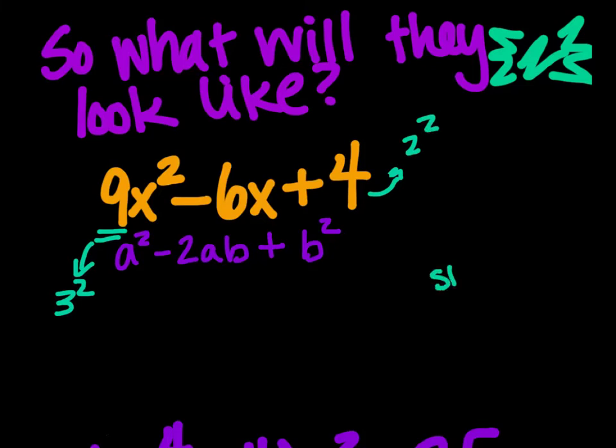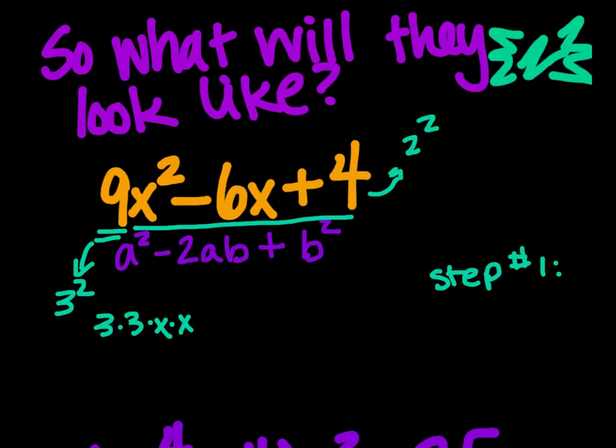So step 1, you essentially need to rewrite this original equation as sort of a square of itself. The 9 can be written as 3 times 3. The x squared can be written as x times x.